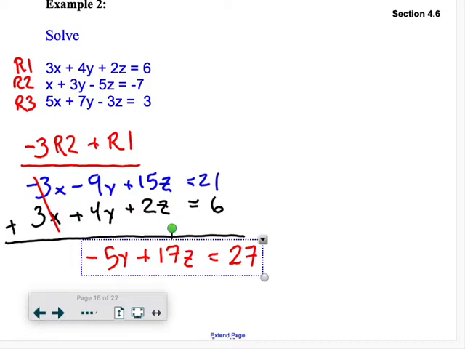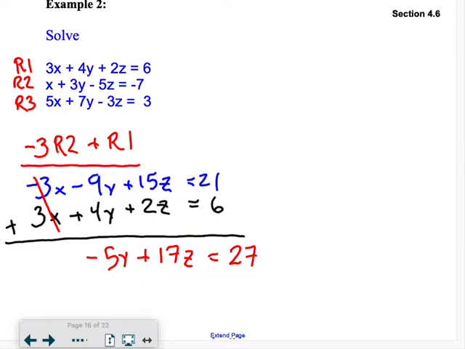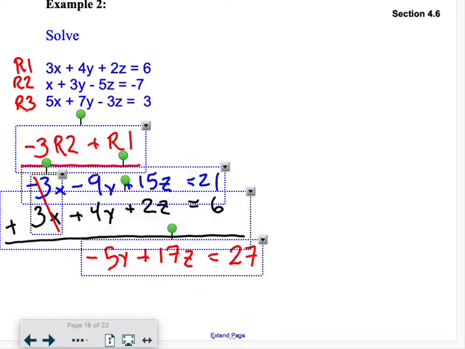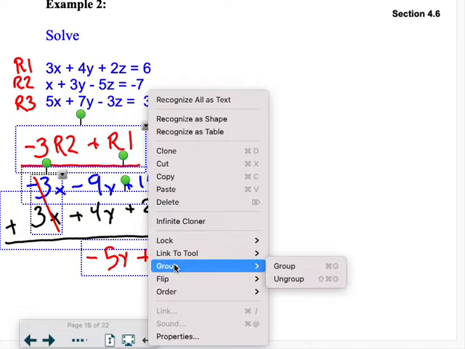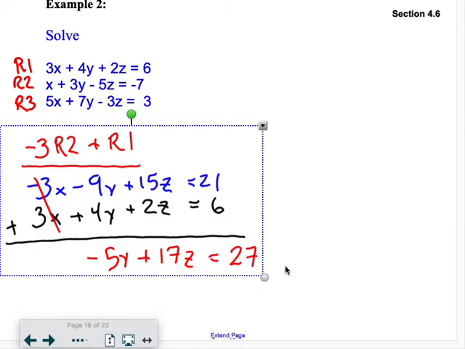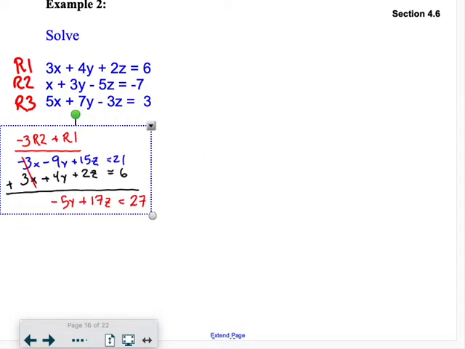So notice this equation here has the variables y and z. So we're going to repeat this process that we just did, right? And in doing so, we're going to have to eliminate the x variable now, but we're going to have to do it from a different pair of equations, right? So I chose row 2 and 1, or 1 and 2, right?